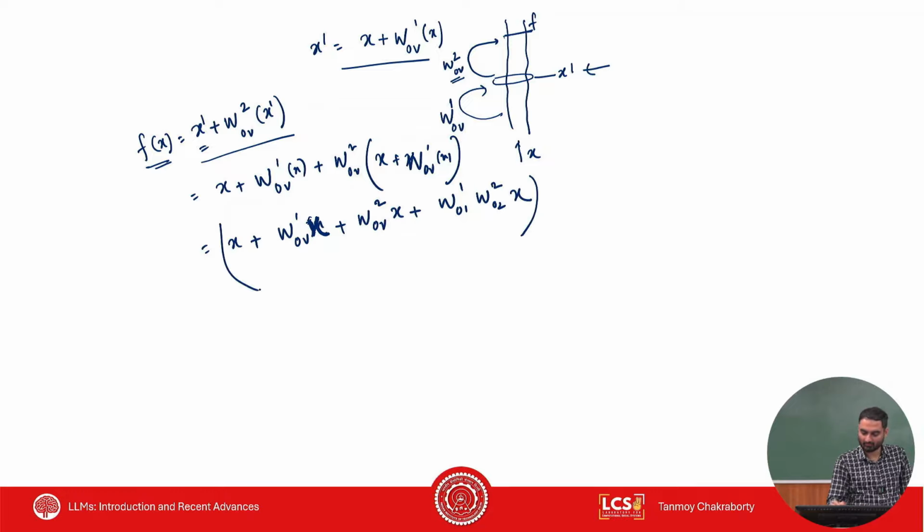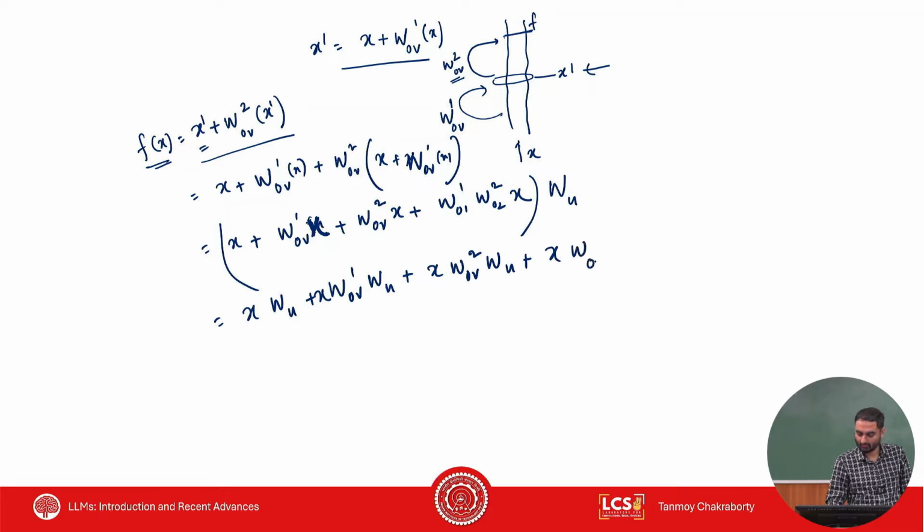So this will be multiplied with WU. So x WU plus WOV1 x WU plus WOV2 x WU plus WOV1 WOV2 x WU.